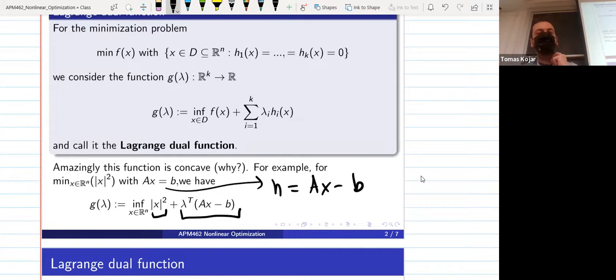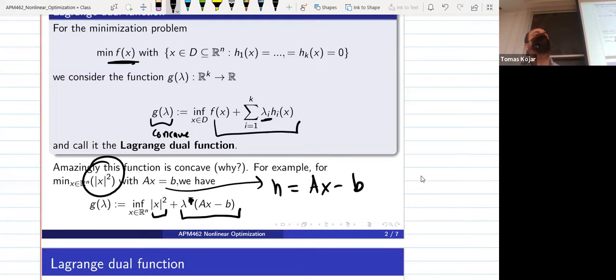Fx is the guy you minimize, like x squared. Yeah, it doesn't have to be convex, yes. But this function is concave in lambda, because you study it in lambda.